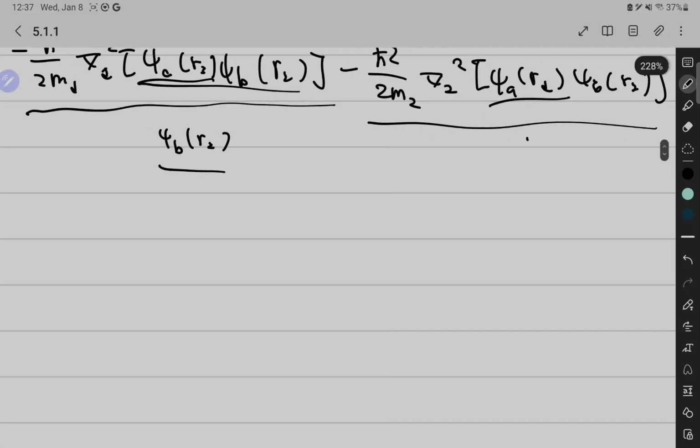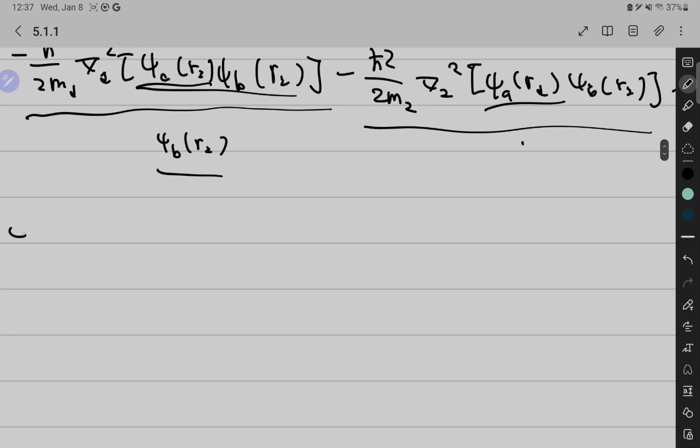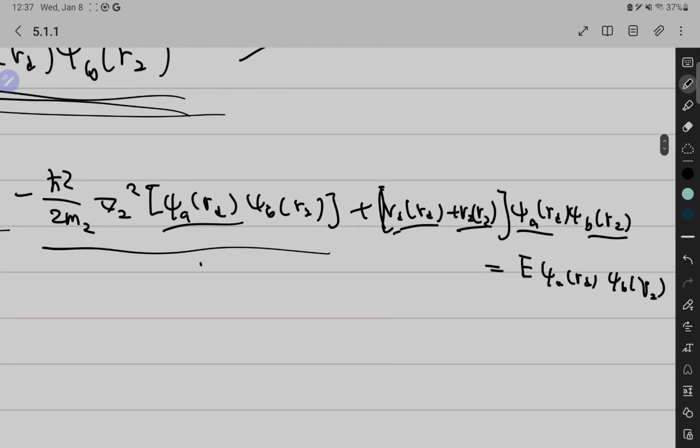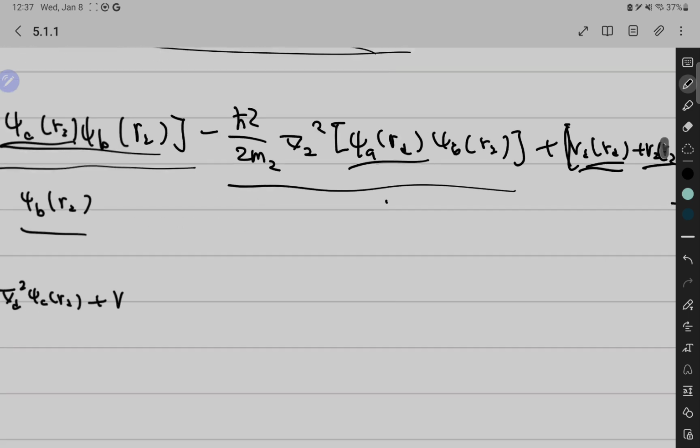So once we take them out, then the expression becomes, well, let's write them again. So for the first one, we take phi B out. I'm going to try to write more neatly this time, so I don't run out of space again. But this is what you're going to have, right? And the potential part, remember we grouped the potential V1(R1) with our phi A(R1), right?